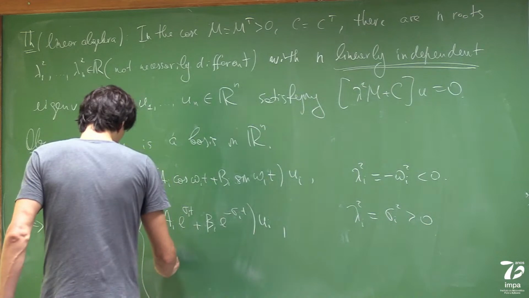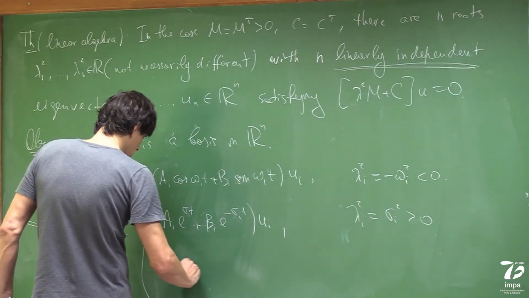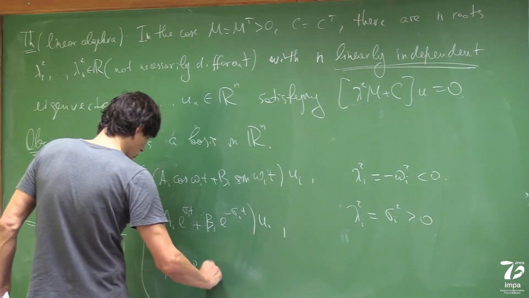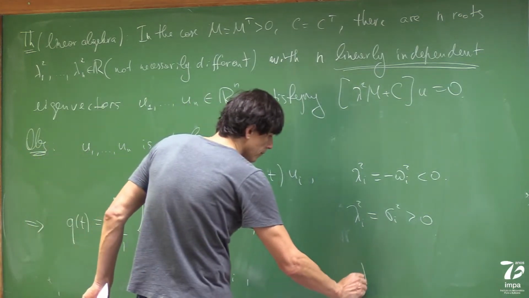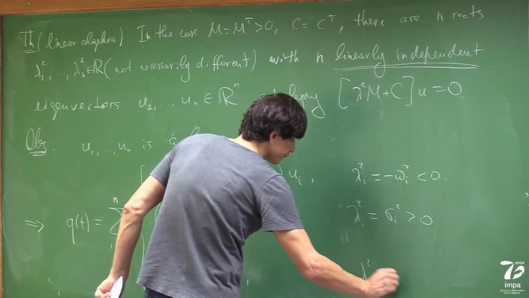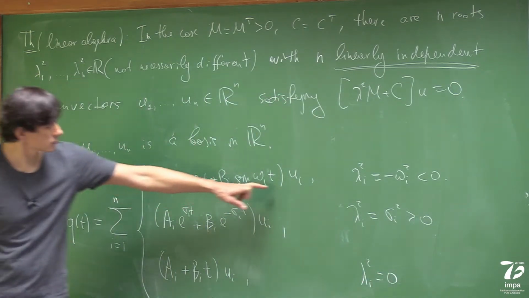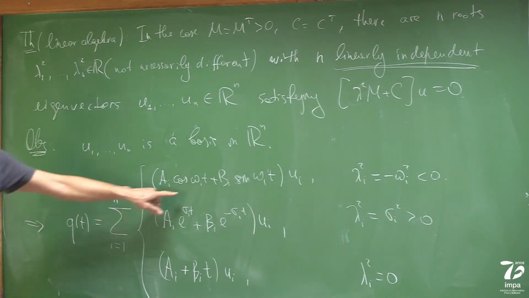And if it's 0, we take that solution. So we take n vectors, and for each we have a solution, and we can take them with different coefficients.